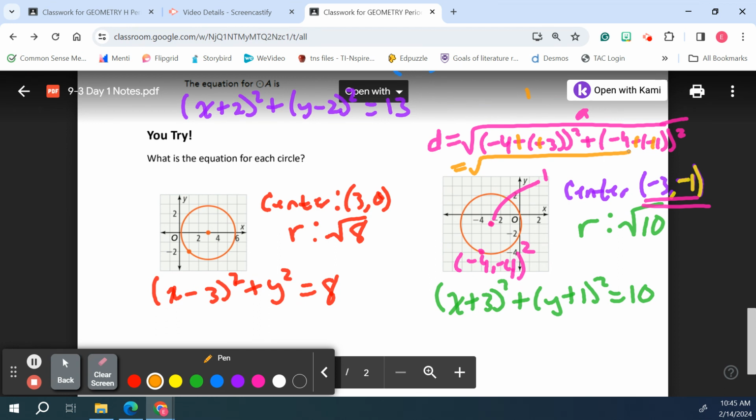But I'm going to have -1 quantity squared plus -3 quantity squared. This gives you 9 and 1, which gives you 10. Does that make sense? Any other questions? Is there anything I can address on this before we move on?